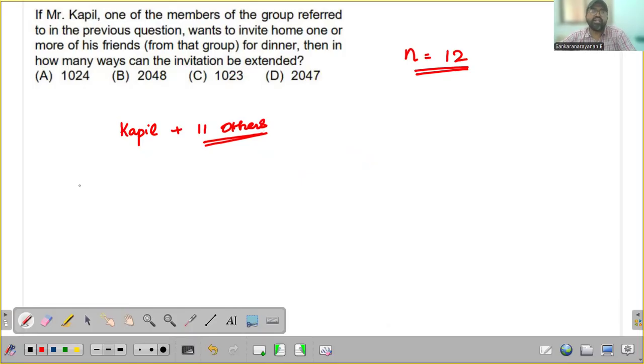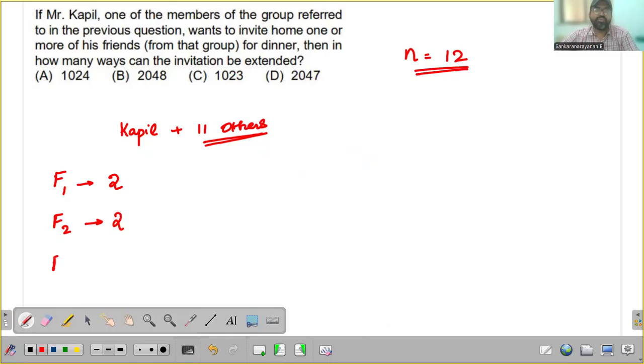So if you consider friend number 1, Kapil can handle that friend in 2 ways. What are they? Kapil can invite or Kapil need not invite. So the number of ways friend number 1 can be handled is 2. Similarly, the number of ways friend number 2 can be handled by Kapil is also equal to 2.